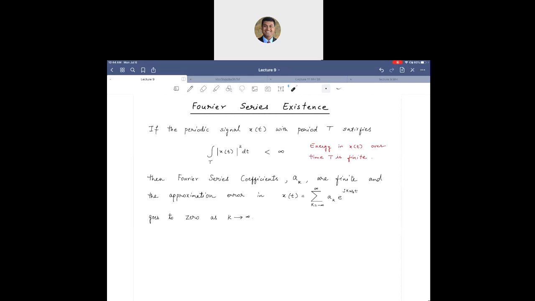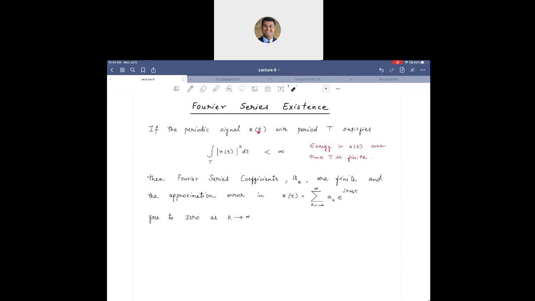The answer is no. The Fourier series existence depends on the energy in x of t. If the energy in x of t is finite over a time period T, then the Fourier series exists, and you can actually find the Fourier series coefficients.